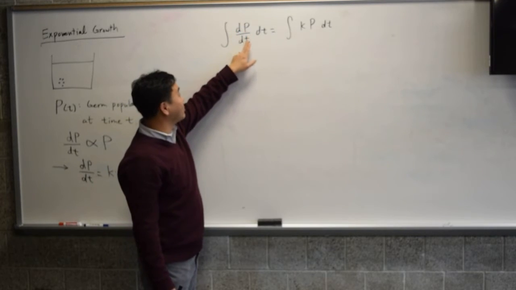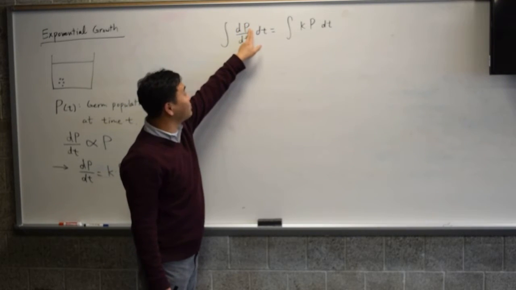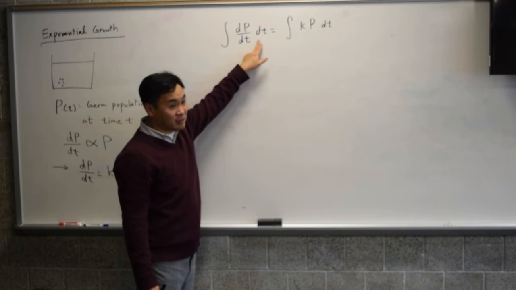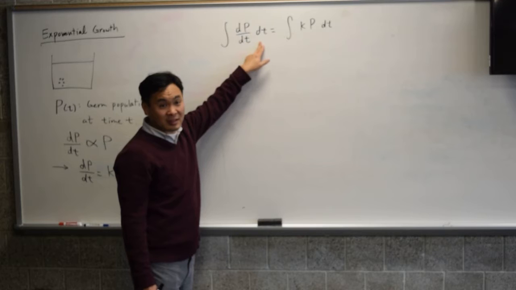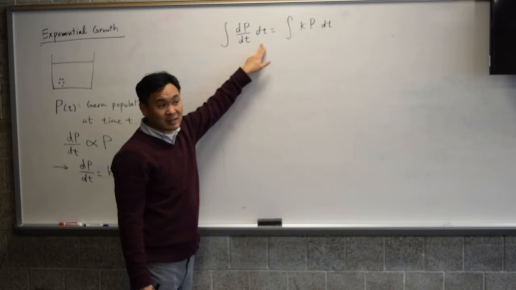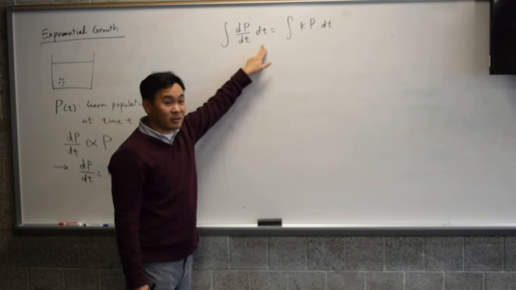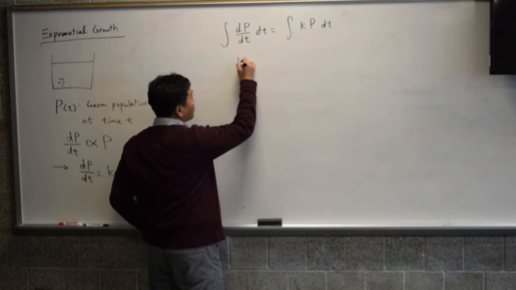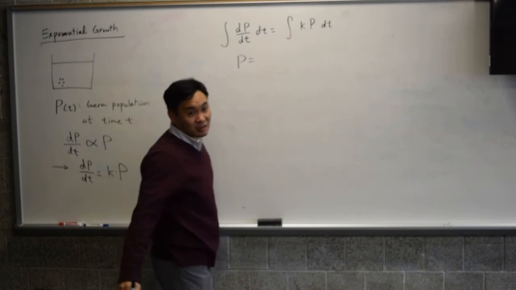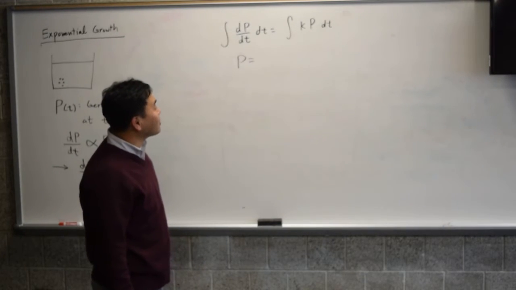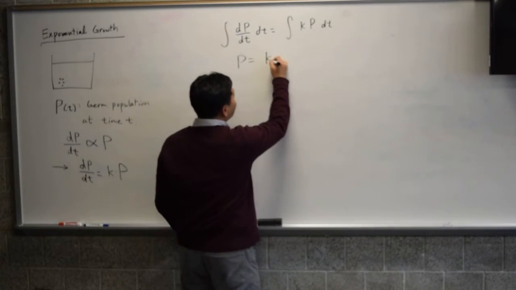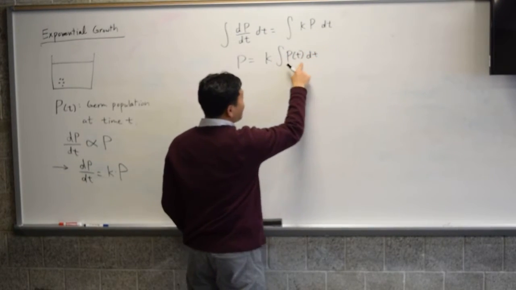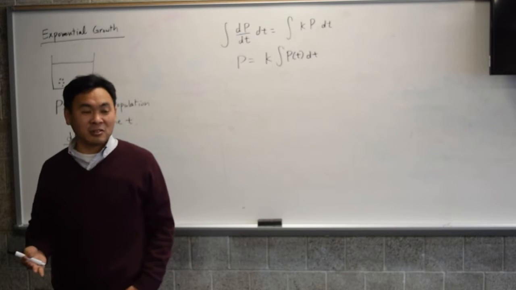What's dp/dt? What does dp/dt mean? You've differentiated p by t, and then you're integrating by t. What does that mean? You get p back, right? If you integrate what you differentiated, you get p. That's easy. However, on the right side, you're trying to integrate this function p(t), but I don't know what p of t is.